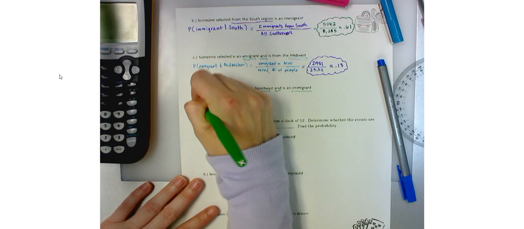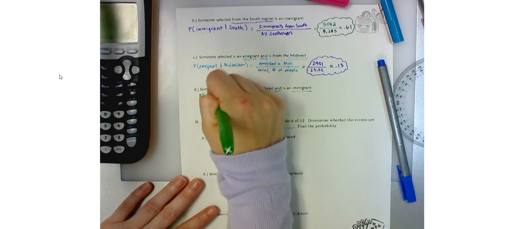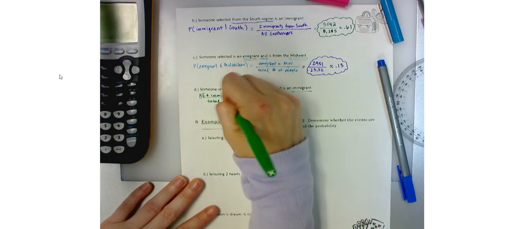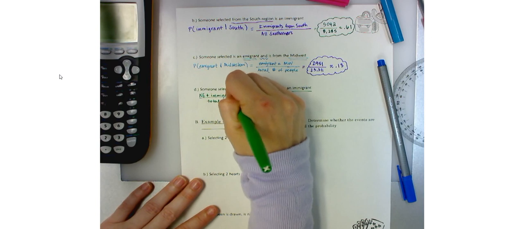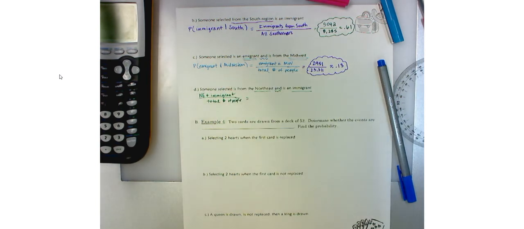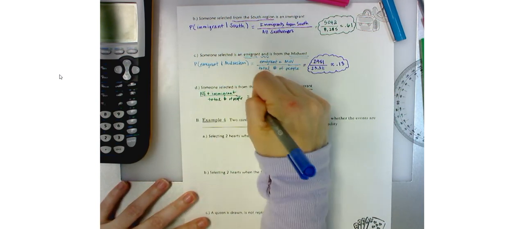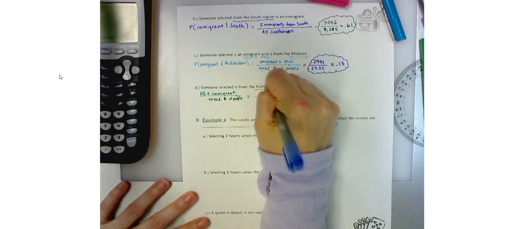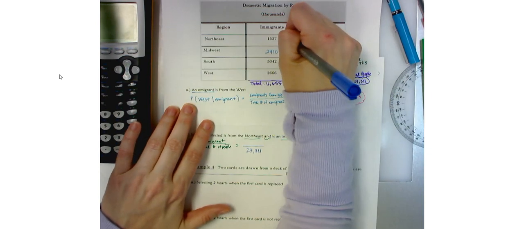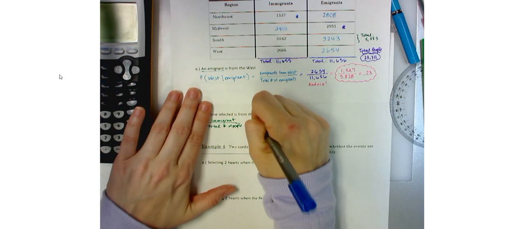Okay, so we know the total is 23,311. Let's go back to our chart. So if they're from the Northeast and an immigrant, there are 1,537. This is a good time for you to divide and check to make sure if you are rounding correctly. And you should get 0.07.